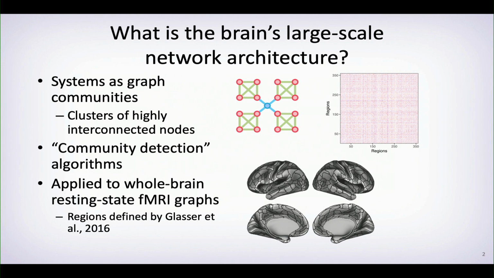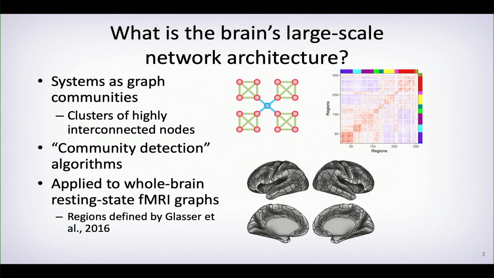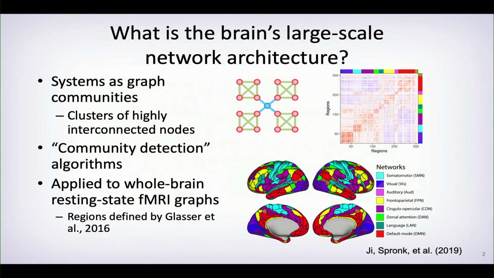You get a region by region matrix, and if it's randomly ordered, you really can't see any structure. But if we apply one of these algorithms and sort the regions based on the clusters, you can see them along the diagonal as these kind of red clusters. And then we can color code them, as you can see on the edges of the matrix, and then project that back to the brain surface.